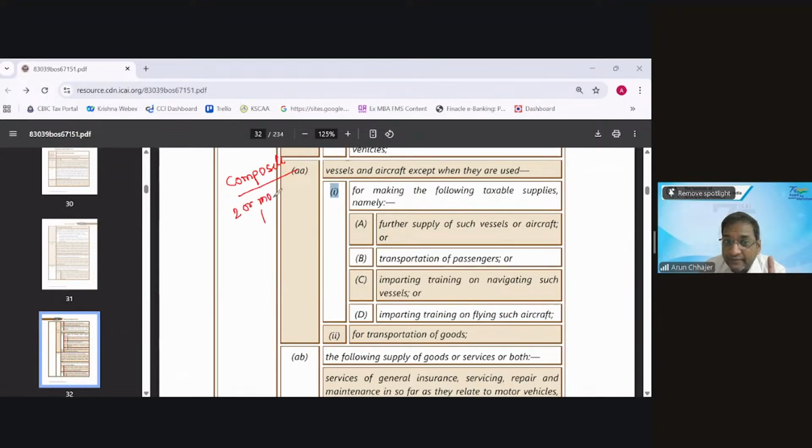Two or more taxable supplies which are naturally bundled, out of which one is a principal supply. There the words are two or more taxable supplies. So my point is this. Let's say healthcare is an exempt supply. Healthcare service is an exempt supply. Am I right? And medicines are taxable. Medicines are taxable, right?